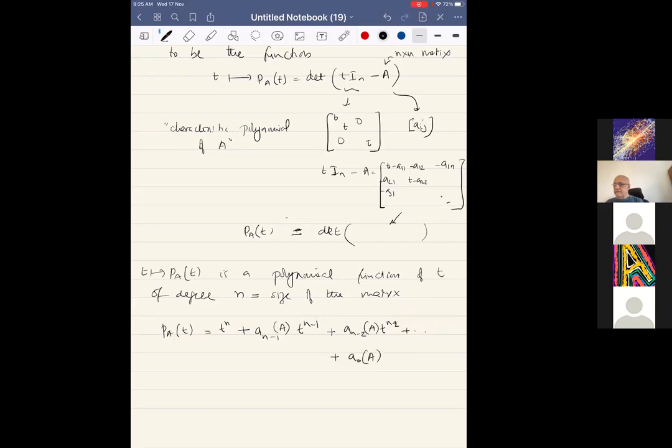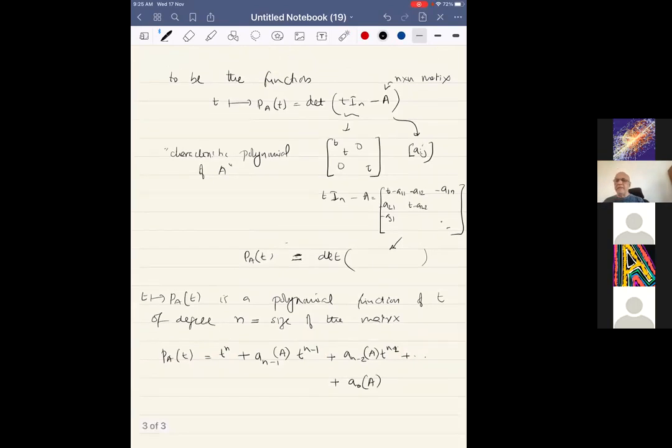So let me repeat. Associated to every n by n matrix is a polynomial function of degree n of this form. The expression starts off with the term t to the n. Then there is a term of degree n minus 1, some constant times t to the n minus 1, where that constant depends on which particular matrix you take.